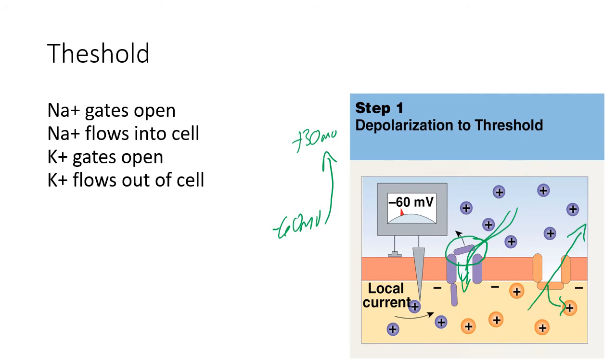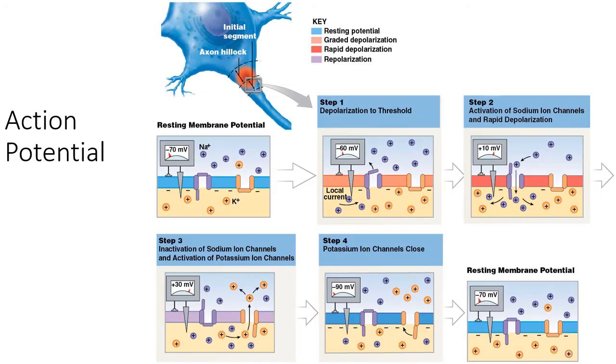So we're going to get up to that threshold of negative 60 millivolts, and then that's going to send us into an action potential as soon as we get to that point. At negative 60 millivolts, our activation gate opens up. We also have an inactivation gate. That one is open at this point as well, so the sodium is able to come through.